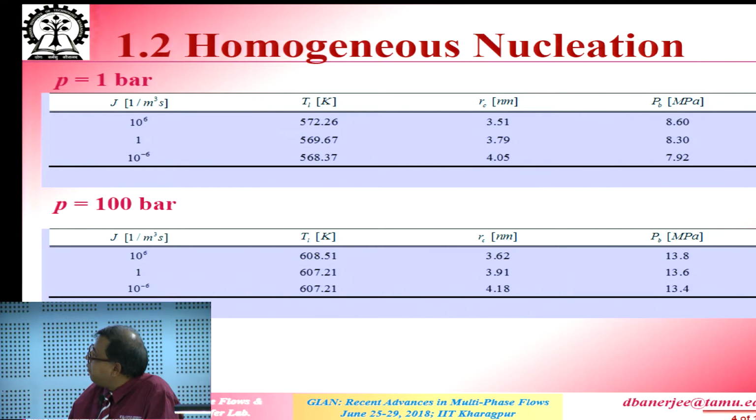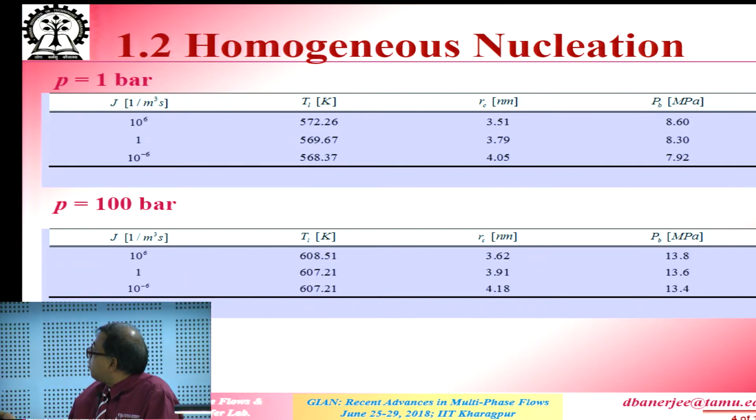So, my J went from 10 to the power 6 to 10 to the power minus 6, and the converged value of TL changed by only 4 degrees Celsius, which means my solution is not sensitive to J. I can assume any value of J, it does not matter, because I have taken a log of J. So, therefore, it is not very sensitive. Even if I make a big error in the estimation of J, my answer will not change much. Does that make sense? Okay.